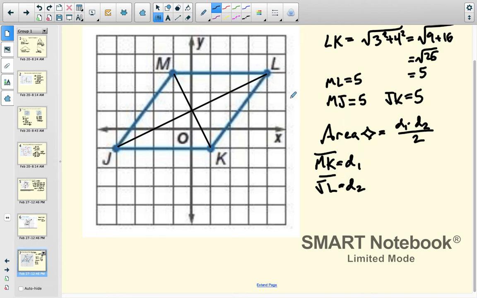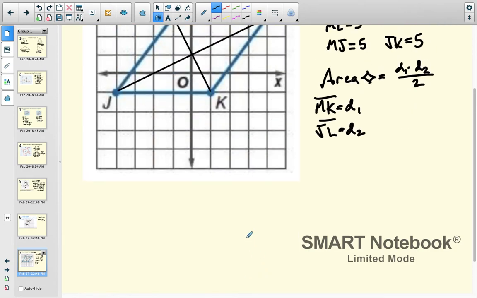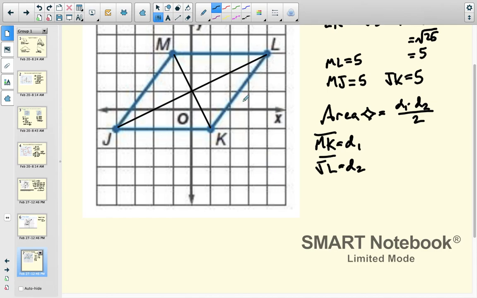All right, so what you need to do here then is just go ahead and count down so I can find MK. Well, MK equals, we're going to go down 4, so 1, 2, 3, 4, and over 2, right?